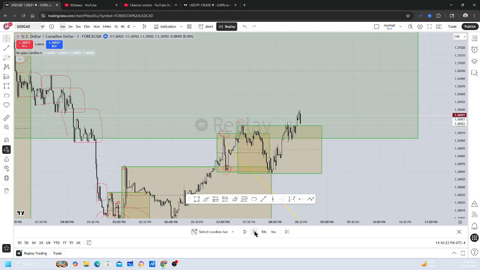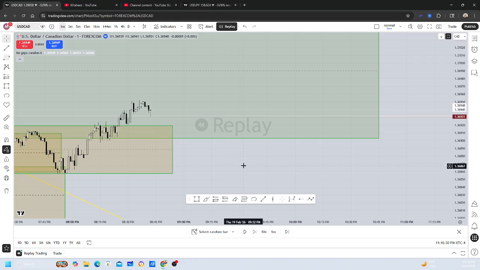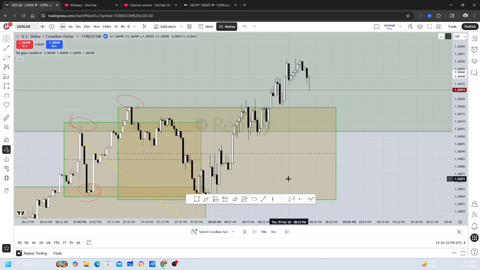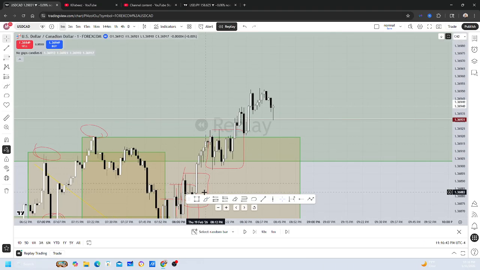We expect 4 to 6 swings and reverse. And you have little swings in here that will tell you when this is coming back down, because look here. Look here. 1, 2, 3, 4, 5.